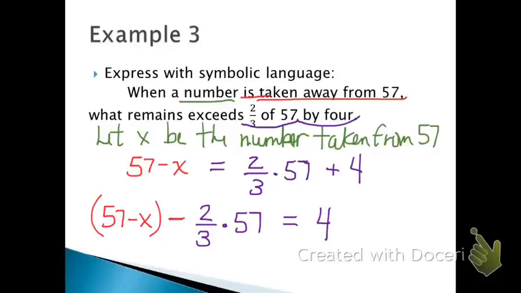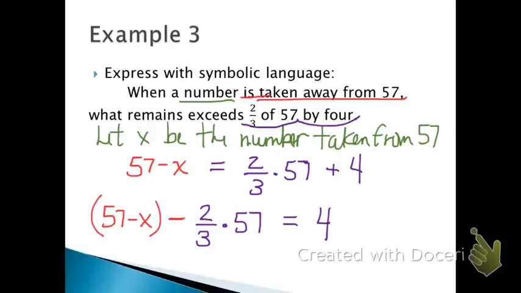Okay, so what is that saying? Well, let's look at it. It's actually an equivalent equation, so both of these would be right. But it's just interpreting a little bit differently.